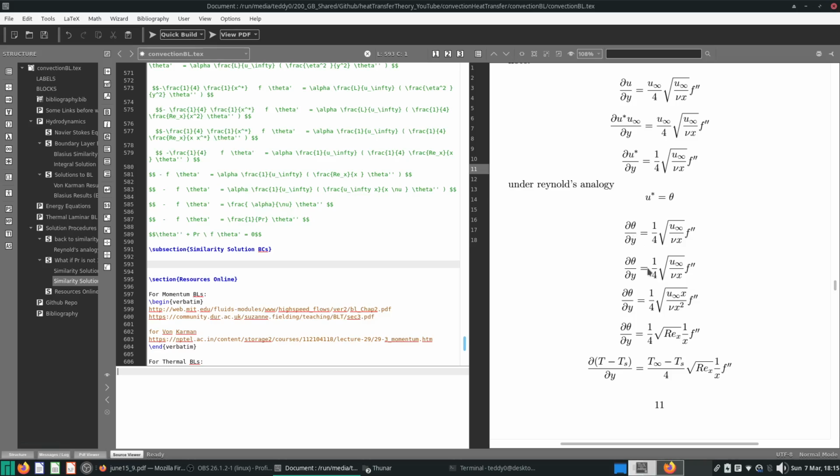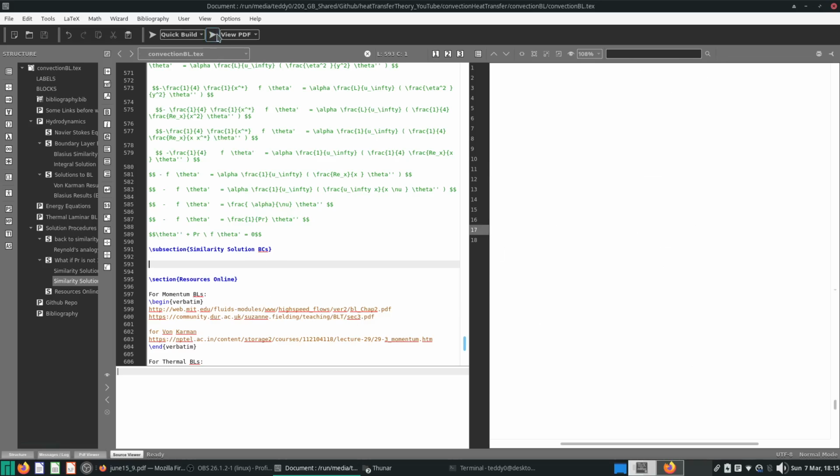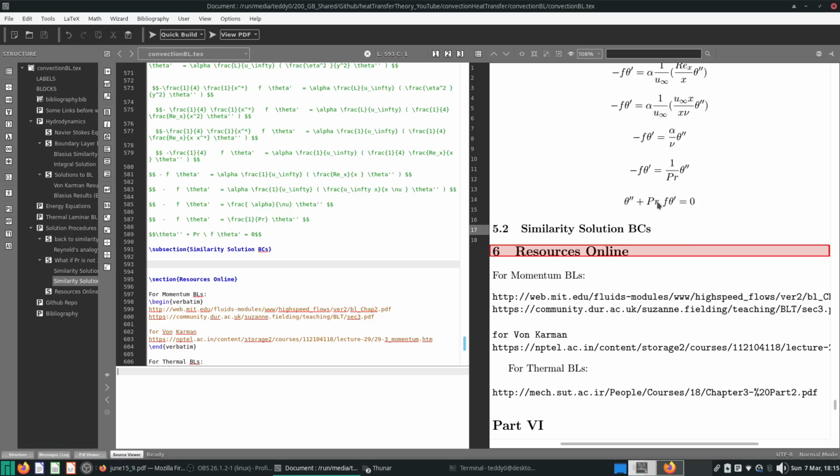Del theta del Y is also del T del Y. Of course, you have to adjust the gradient a little bit, and change the right hand side to fit the actual profile. So what is that profile? We first have to find that.